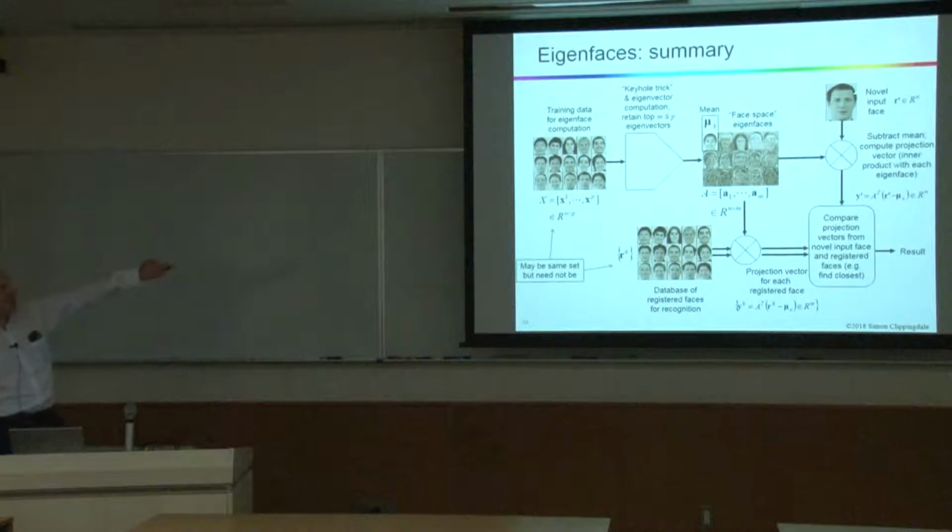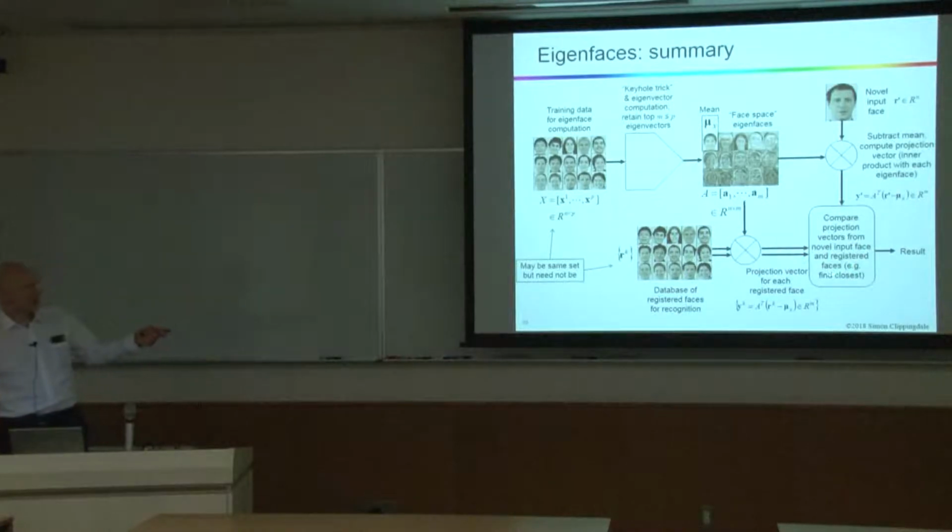Then along comes a new input face that we want to recognize. We want to compare it to all of these. So subtract the mean, do the same thing again, project that onto this face space and get a bunch of weights, y dash here, and then we're going to compare that weight vector y dash to all these yk weight vectors that we got from projecting each of these registered faces onto the same face space.